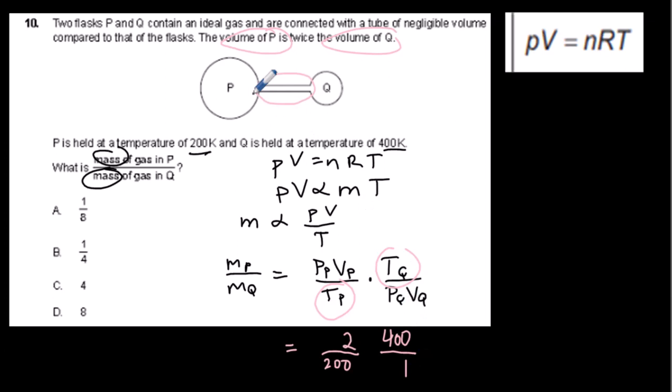We also know that we have this open connection between P and Q, and that means they have to go to the same pressure, which means that the two pressures are constant, and they're going to cancel out. So we're going to get 800 divided by 200. We're going to get a ratio of 4, and the correct answer is C.